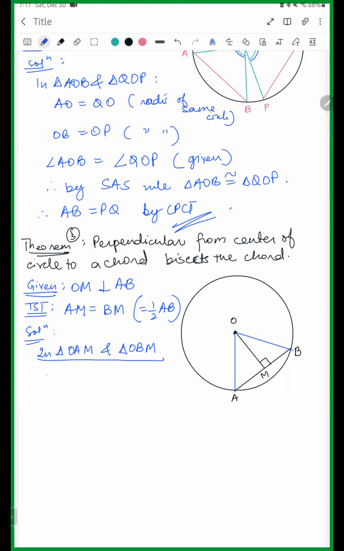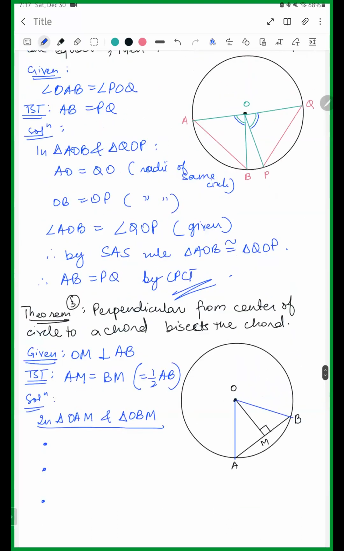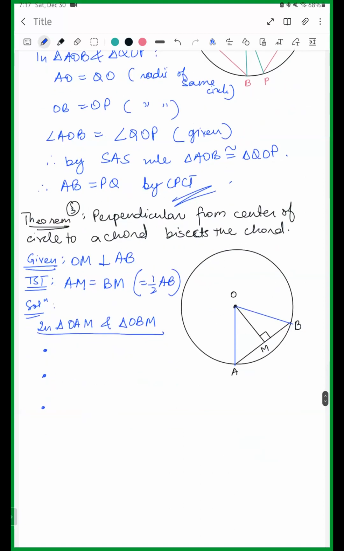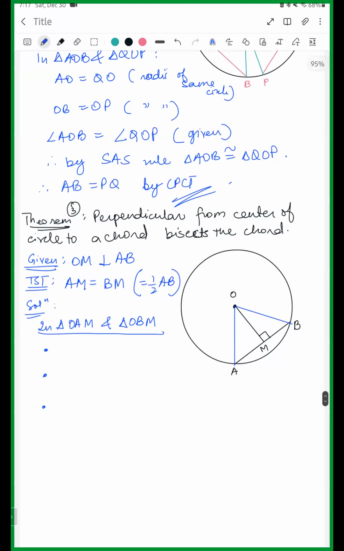So again, three things are needed. AB is the chord, yes.